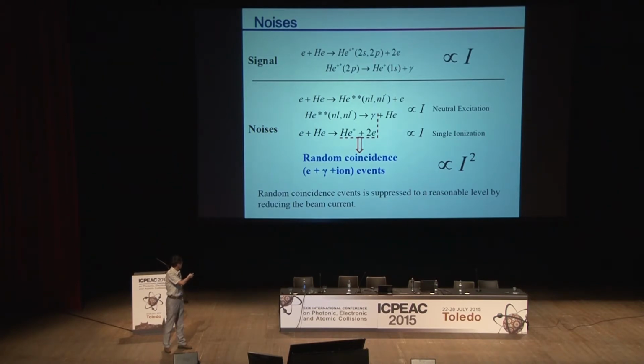The first step, we reduce the beam current to a reasonable level. At the same time, it means a decreased detection efficiency and a long time for the measurement.